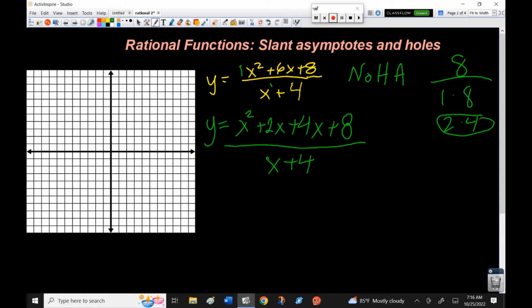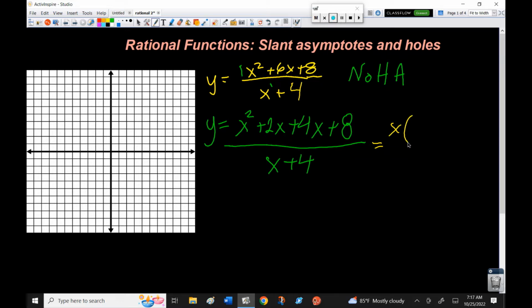Now, once we have the factors and we've rewritten it this way, we have to ask ourselves, what do the first two terms have in common? For instance, what do x squared and 2x have in common? It turns out they have an x in common.